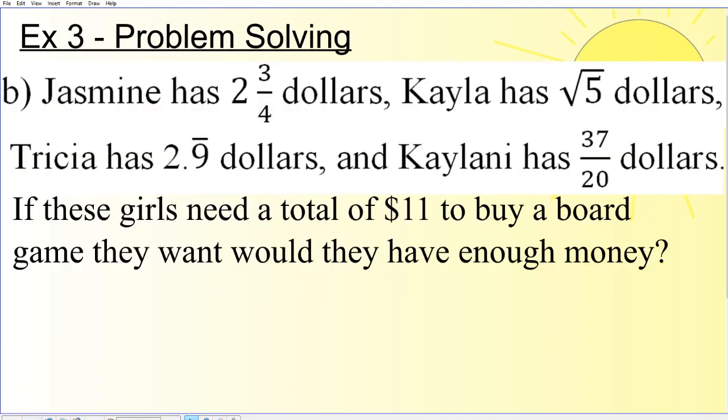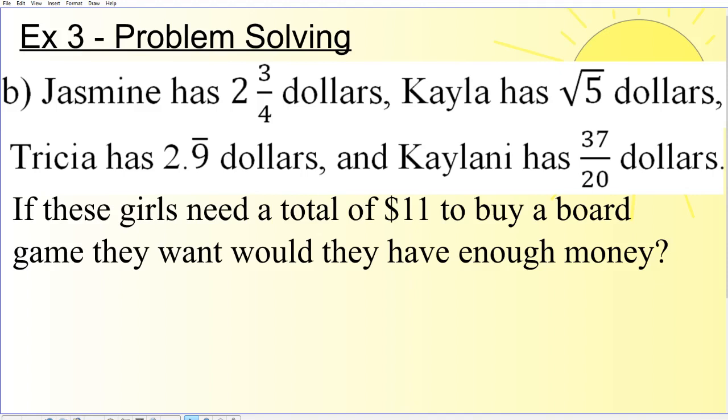Letter B. Jasmine has 2 3/4 dollars. Kayla has square root of $5. Trisha has 2.9 repeated dollars. And Kaylani has 37 over $20. If these girls need a total of $11 to buy a board game they want, would they have enough money?